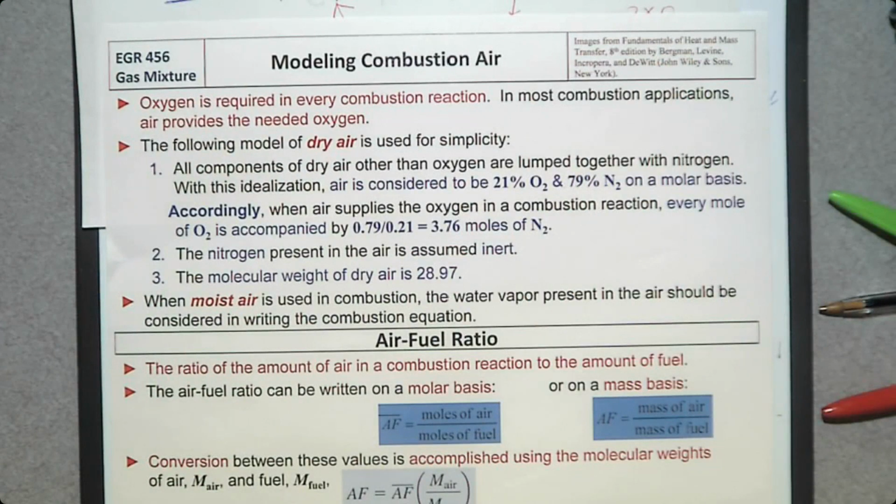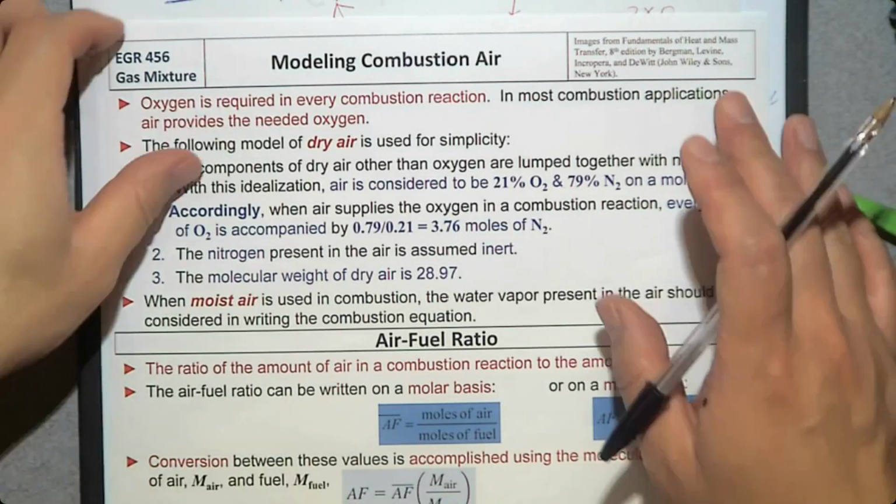So what is this ratio? Is it mass ratio? No, this is molar ratio. 21% by mole is going to be oxygen, and 79% by mole is going to be nitrogen. So the ratio is 21 to 79. That means for each mole of oxygen, there are 3.76 moles of nitrogen.